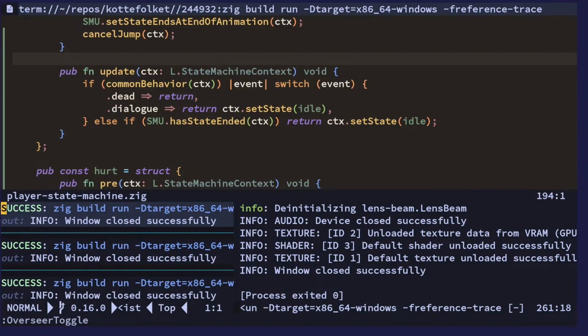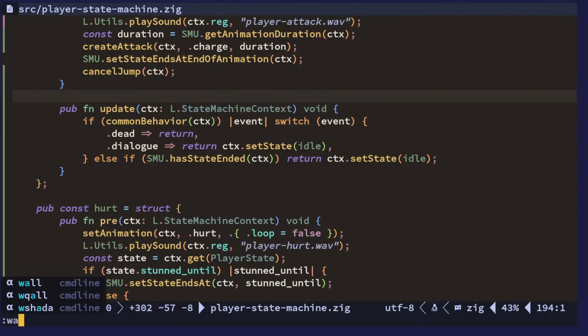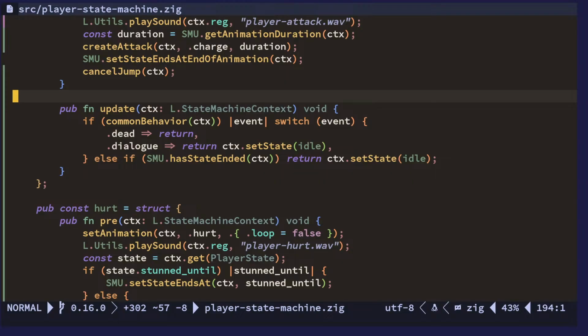Actually, is that even what we want? To be honest, we probably want to allow the actual jump even while charging, I don't know. We'll keep it like this for now, and we can always change it.